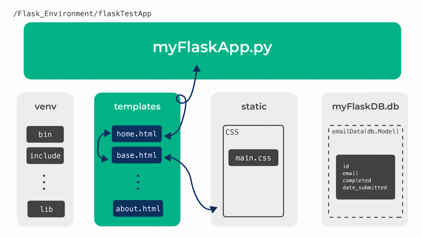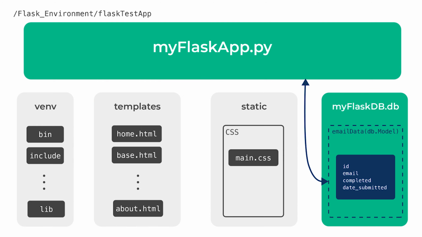The last piece of the Flask environment that we want to worry about is the database. Generally, what we want to do is either through sqlalchemy or a similar package, we want to enable database creation.